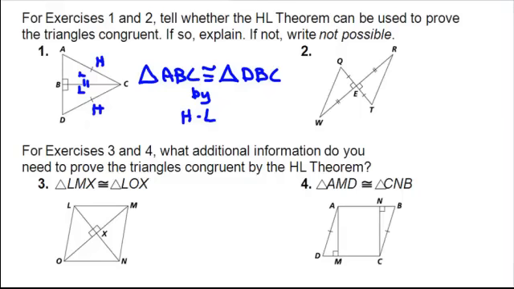Okay, I definitely have two right triangles. It says, tell whether the HL theorem can be used. In this problem, I cannot use the HL theorem. I could use side angle side, but I cannot use the HL theorem because the hypotenuse is not marked, and I cannot mark it.